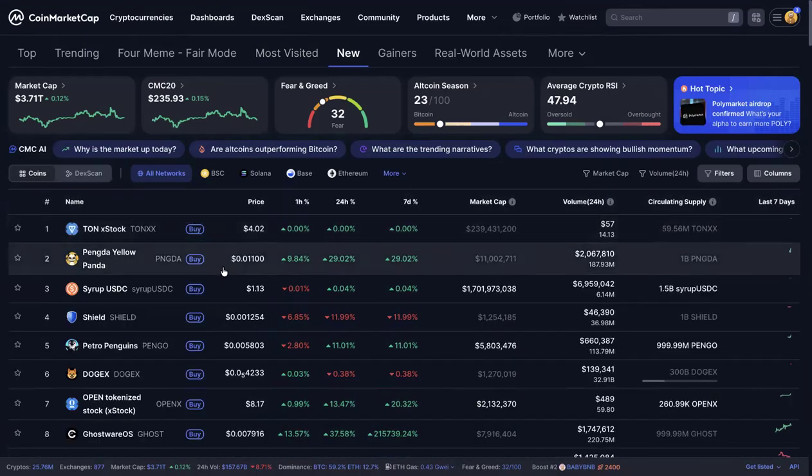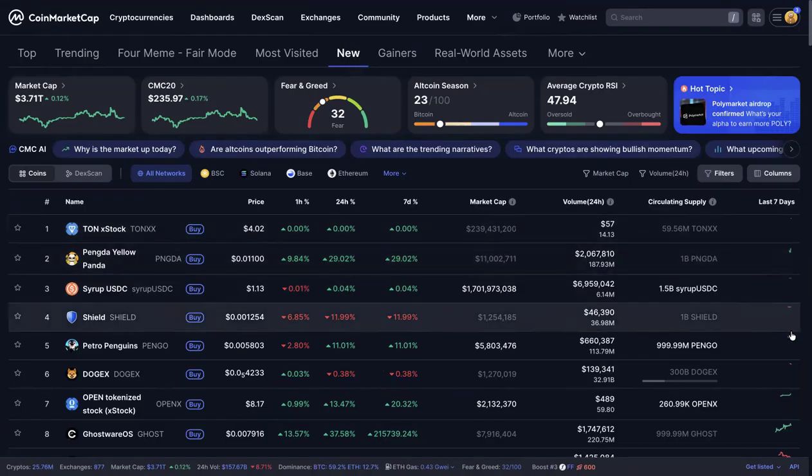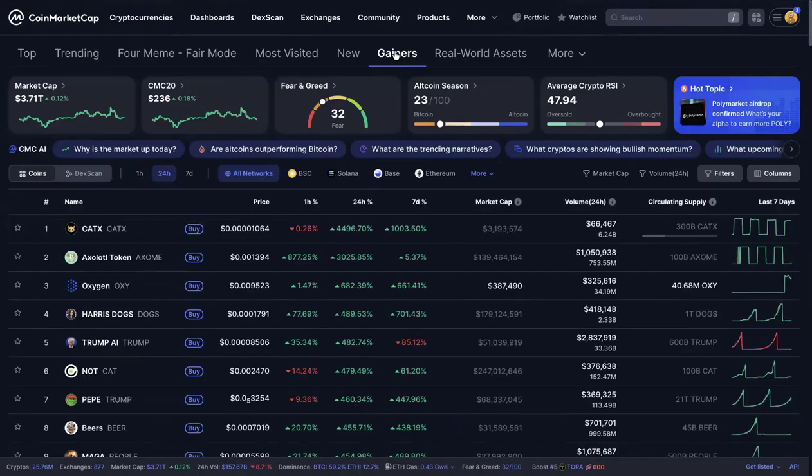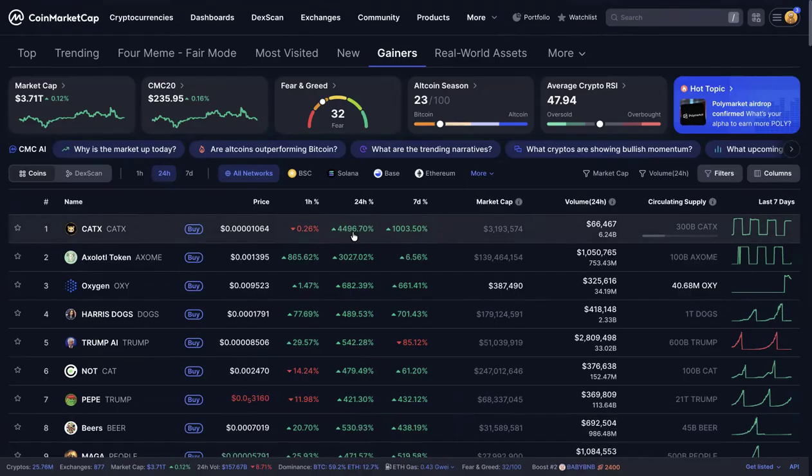Then there is a tab for new coins that have just been listed or have just entered the crypto market. You can see their graphs are very short. They have barely existed for more than 7 days. Then there are gainers, the ones on top of the rally that have gone up so much in the past 1 hour, 24 hours, and 7 days. This one has gone up 1,000% in the past 4 days. In just 1 day, it has gone up 4,000%.